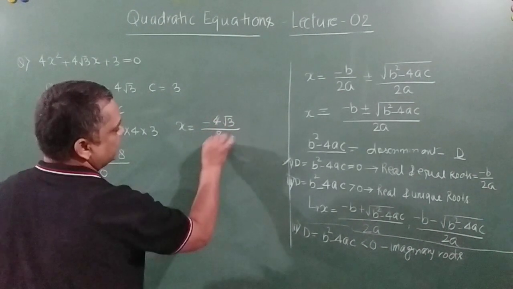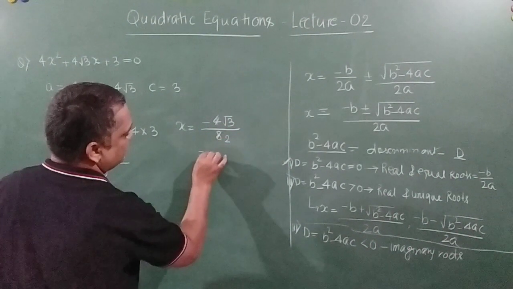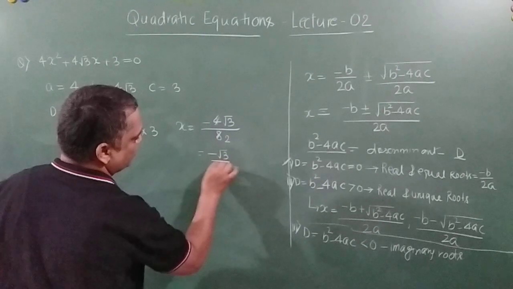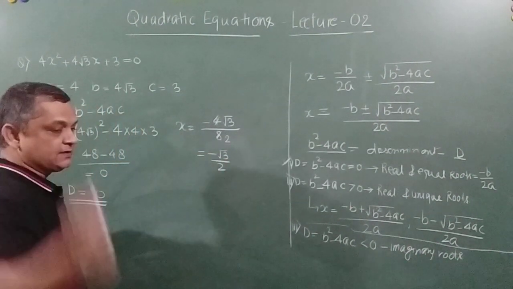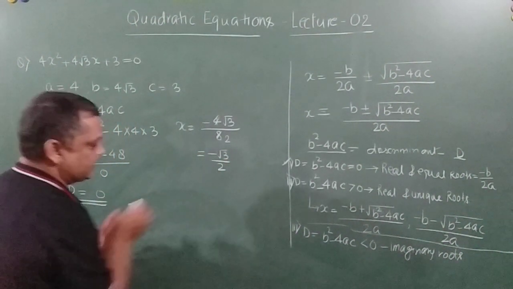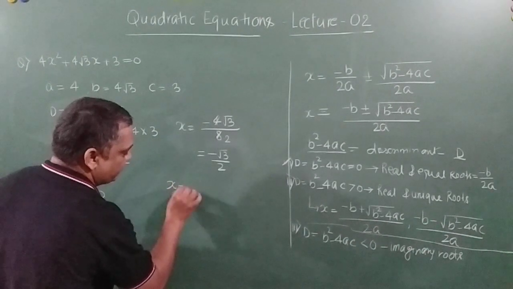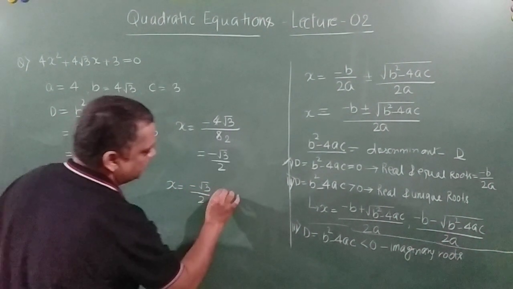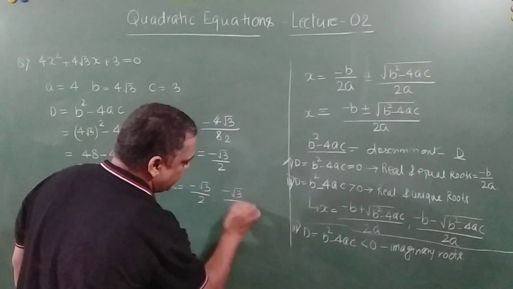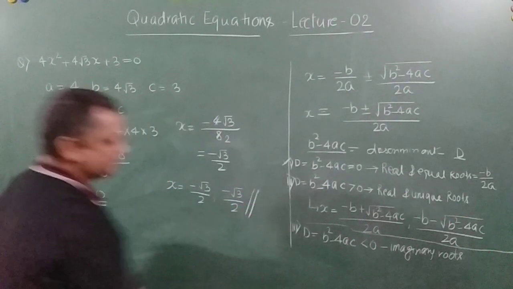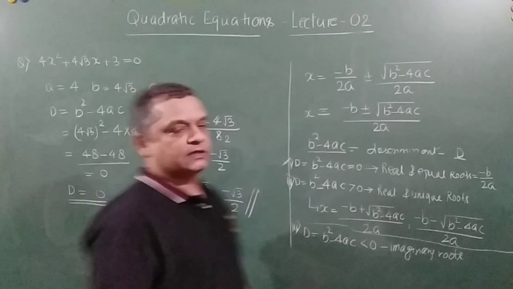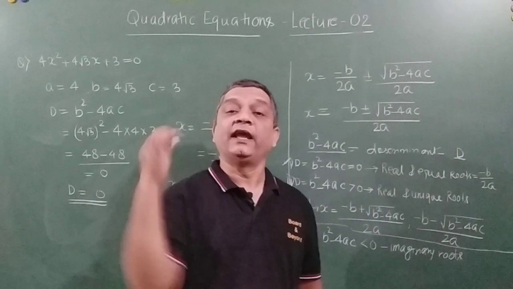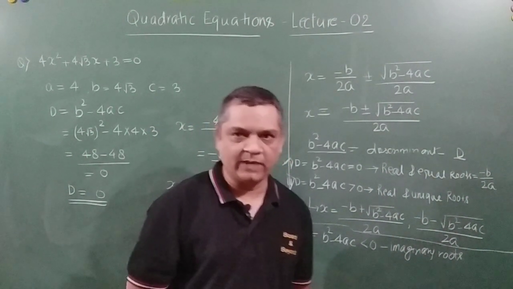So this we can cancel. That is equal to minus root 3 by 2. But friends, please pay attention. If you come across situations like this, in the answer you have to write x is equal to minus root 3 by 2 and minus root 3 by 2. It actually has two solutions or two roots which are real and equal. You are getting my point?